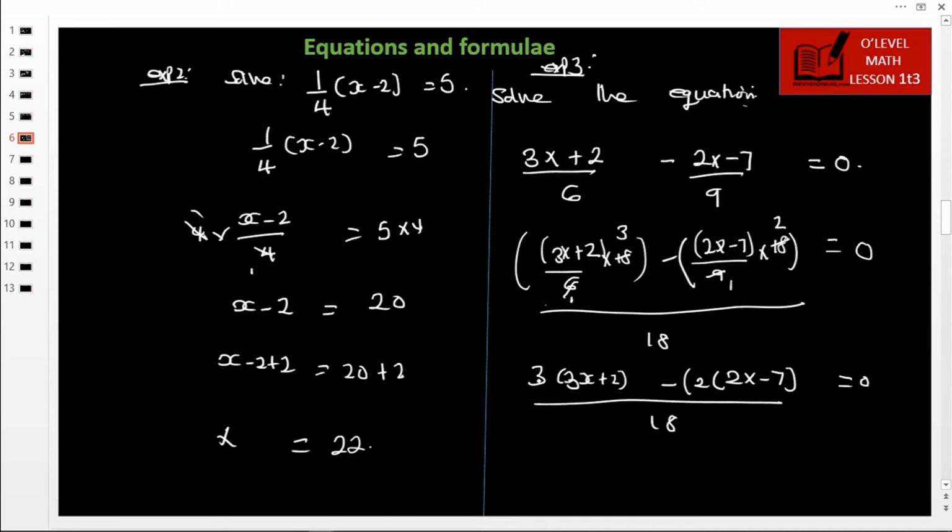So we open the brackets. 3 times this is 9x, plus 3 times 2 is 6, then minus 2 times 2x is 4x. Because it is minus 2, we have minus 7 times negative 2, all over the denominator 18, is equal to 0.